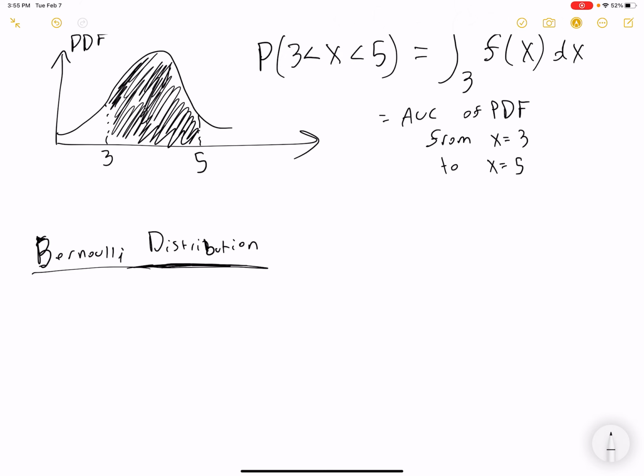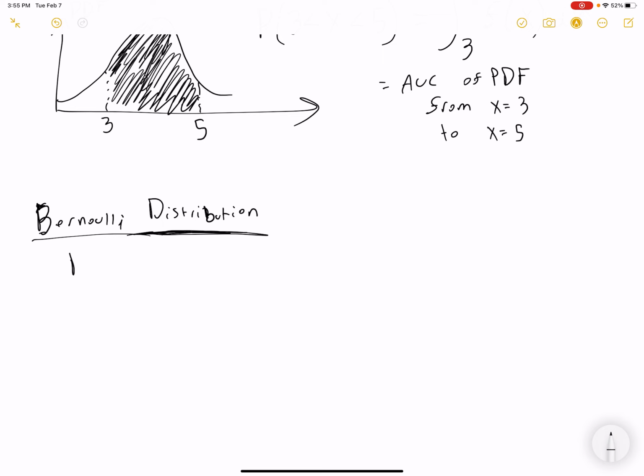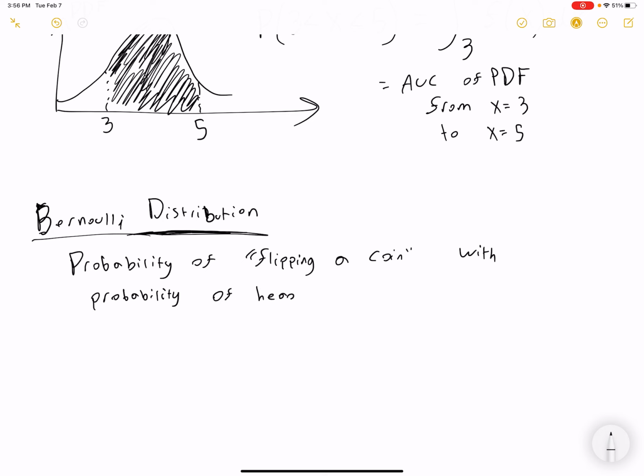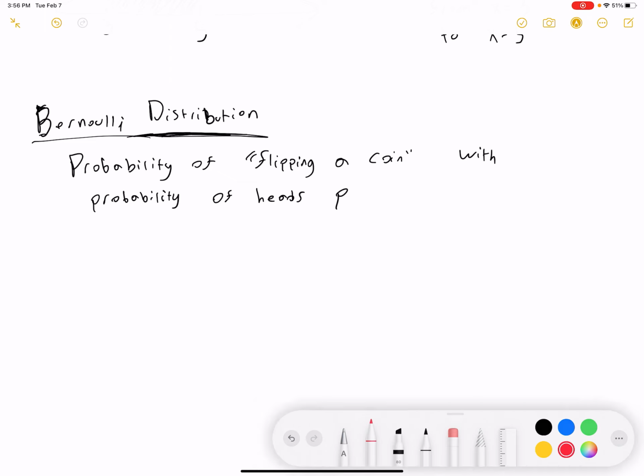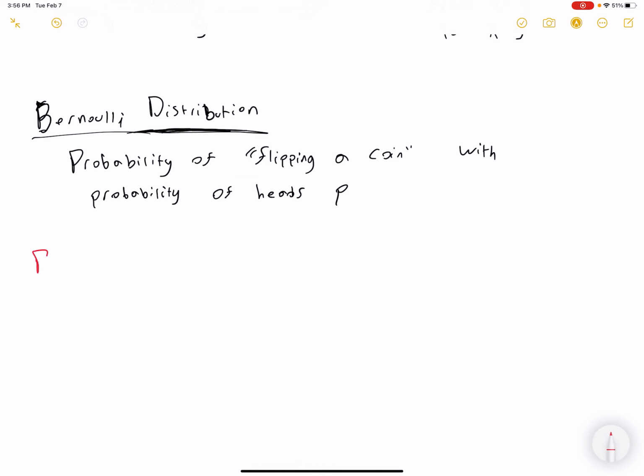Bernoulli distribution you could basically think of as the probability of flipping a coin with probability of heads P. And when we have discrete distributions, we don't call it probability density functions. We call it probability mass functions.